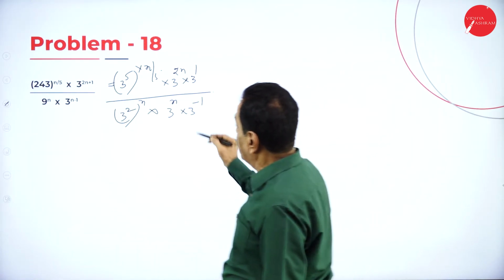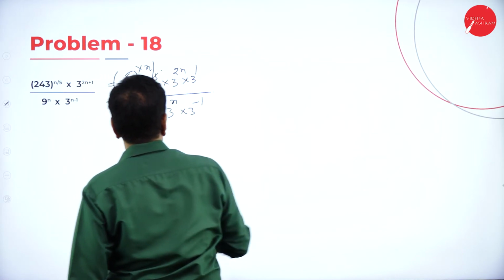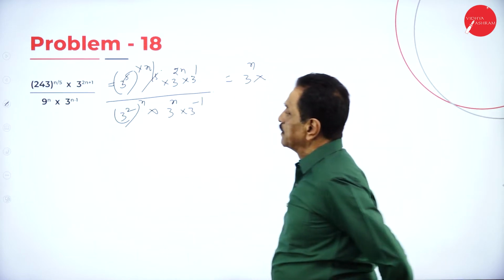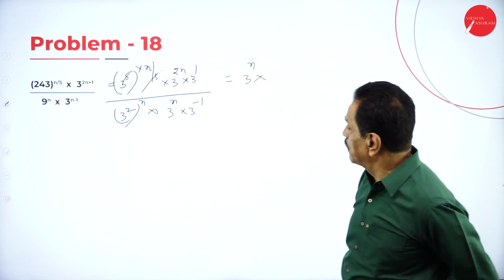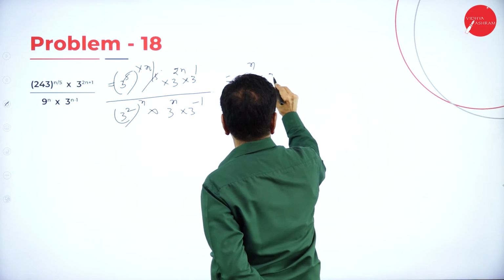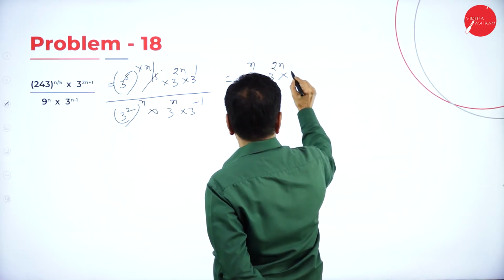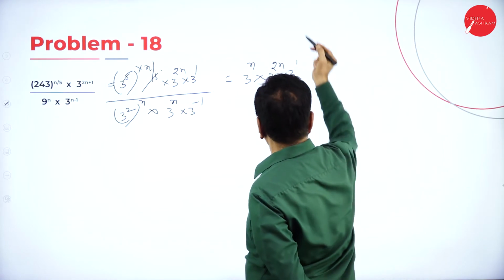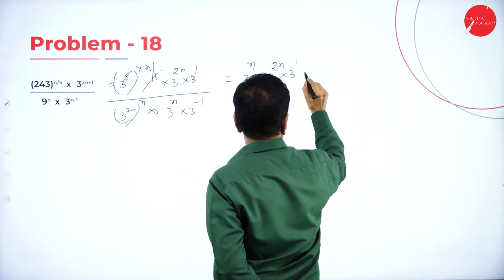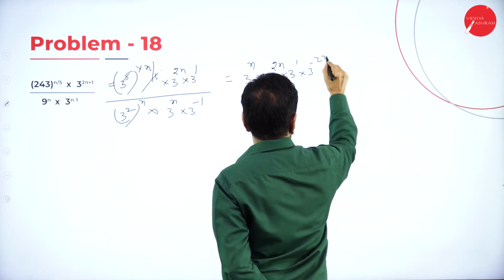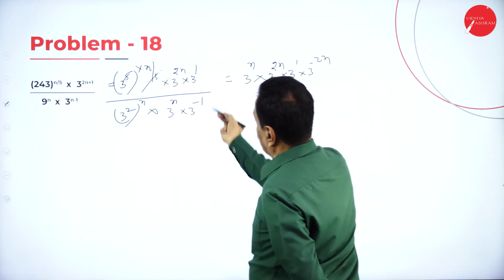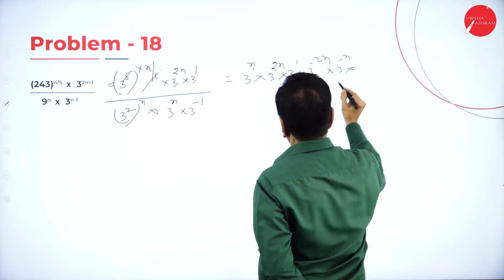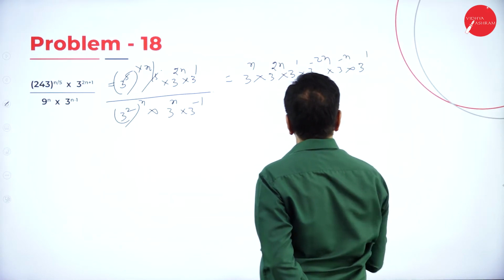Right. 5 cancelled out. What is left over? 3 to the power of n. So I cancelled out n. 3 to the power of 2n, 3 to the power of 1. This is 2n. If we bring it to that side, minus 2n, plus 3 to the power of minus n minus 1, 3 to the power of 1.